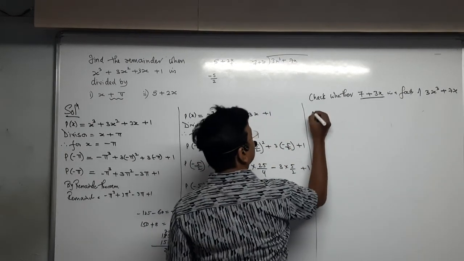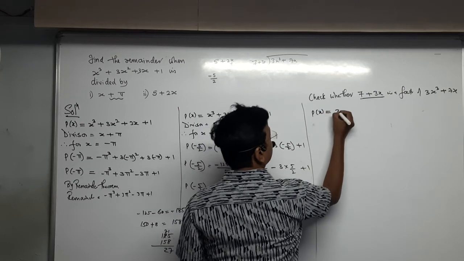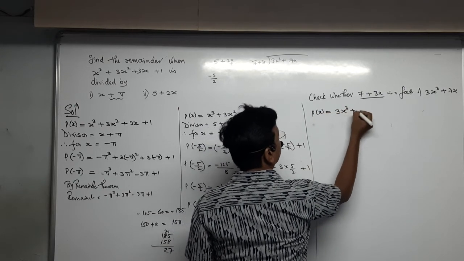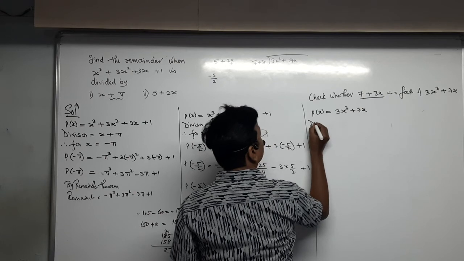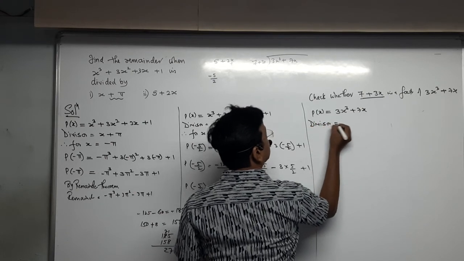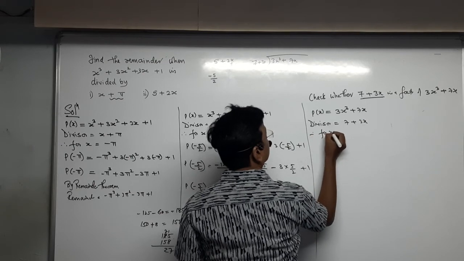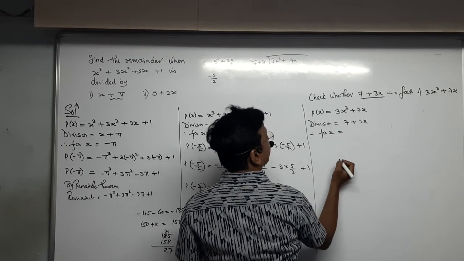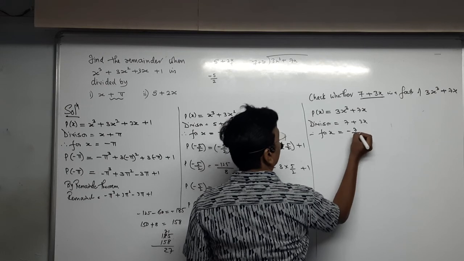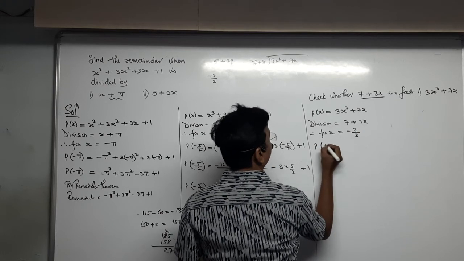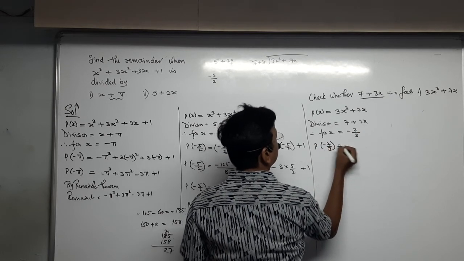So you will tell here let p of x is equal to 3x cube plus 7x, and then you will tell divisor is equal to 7 plus 3x. Now therefore for x is equal to minus 7 upon 3, P of minus 7 upon 3.